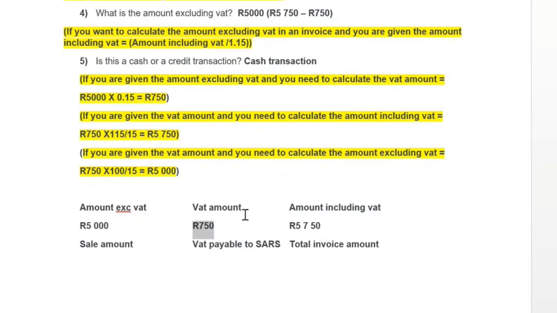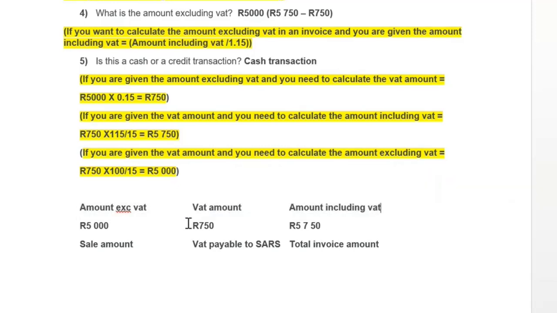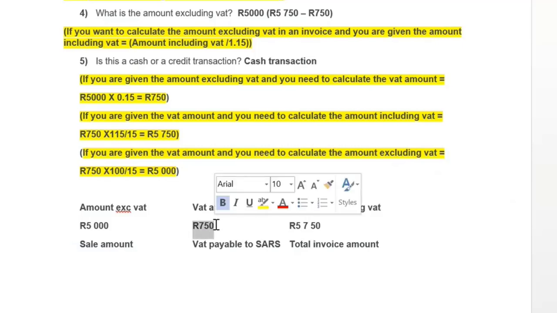So guys, if I remember, in the next class I will show you what the VAT 201 looks like. This is the form that a company submits, depending on their payment terms, because a bigger company with a higher revenue will pay VAT on a monthly basis.